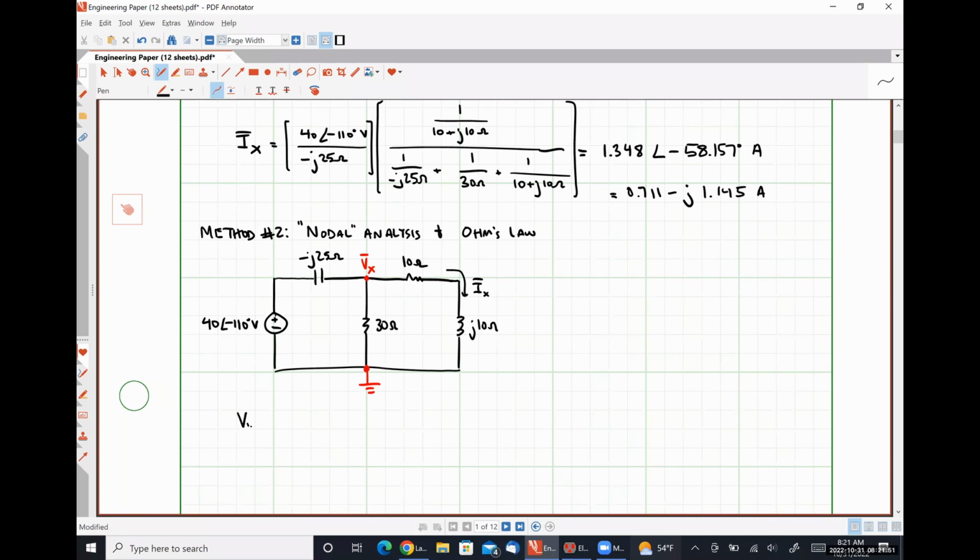I'm going to have Vx minus 40 angle negative 110 degrees volts over minus J25 ohms, plus Vx over 30 ohms, plus Vx over 10 plus J10 ohms, is equal to 0, where once again, I'm treating those two impedances in series as just a single equivalent impedance, thereby eliminating that node from my equation that would occur in the top right-hand corner, so that I have a one equation, one unknown system.